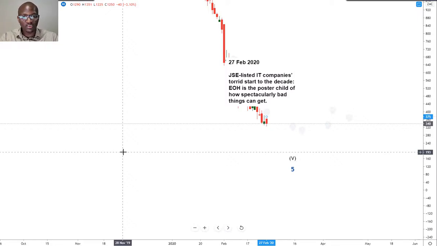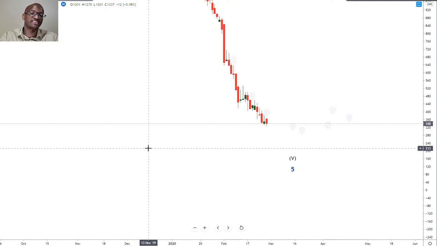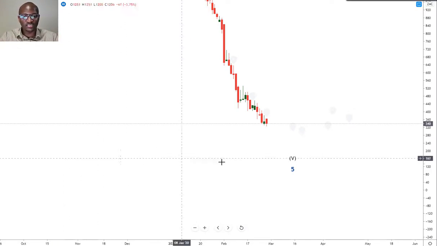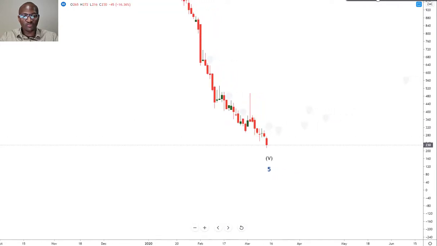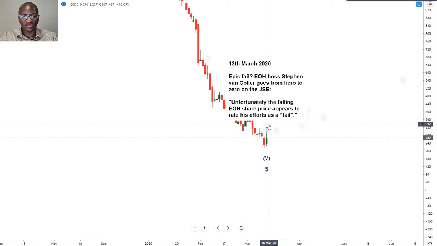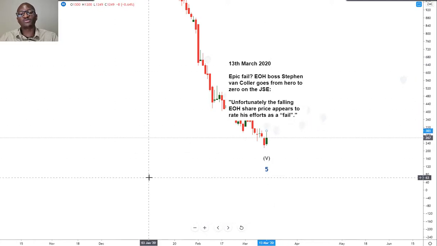27 Feb 2020, JSE listed IT companies torrid start to the decade. EOH is the poster child of how spectacularly bad things can get. So again, the sentiment around EOH just gets worse and worse. And probably the worst of them all was this one here on the 13th of March 2020.